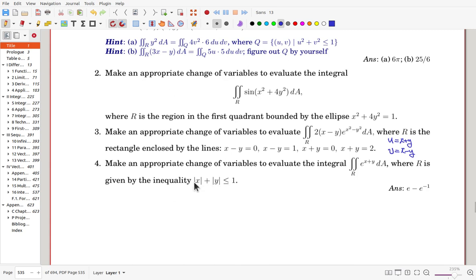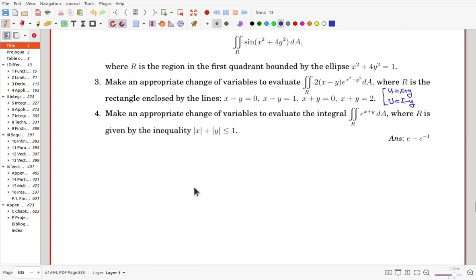Now the final problem is, okay, again the integrand has x plus y, so you may try to introduce, quite similarly to this one, x plus y as u, and then another variable can be x minus y. And for this one, R is made in this way.